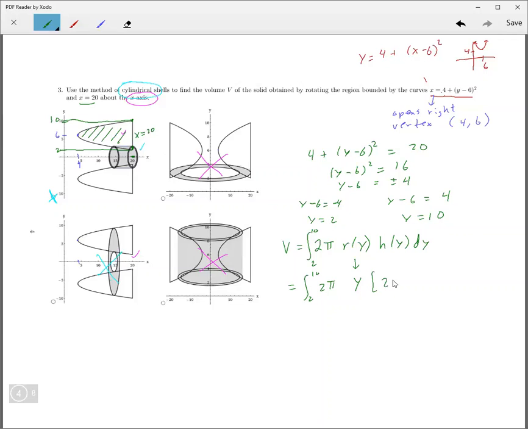So the height is going to be 20 minus this value here. Once again, this height from here to here, this is the right endpoint, which is 20, minus the left endpoint, which is this. So that's what our height is going to be. It's all that.